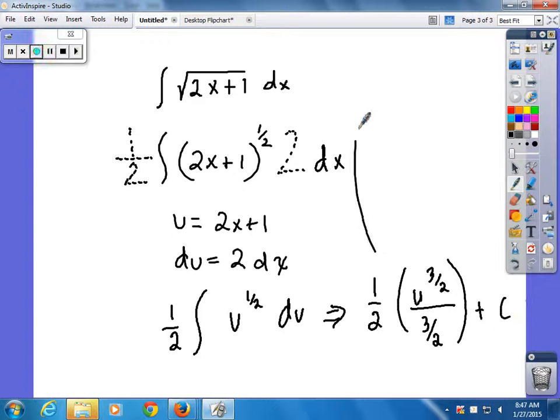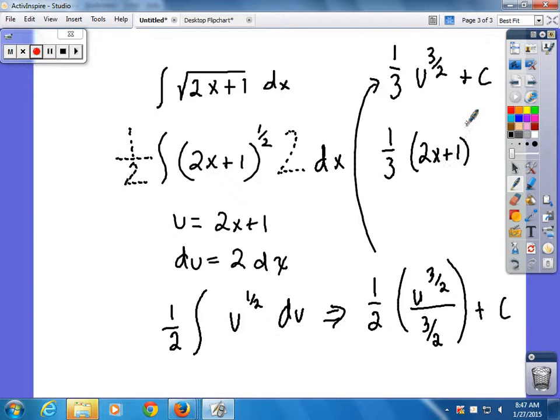So we get 1/3 u to the 3/2 plus c. And u is 2x plus 1, so 1/3 times 2x plus 1 to the 3/2 plus c. That should be your answer.